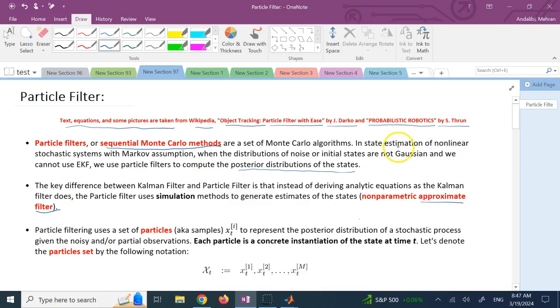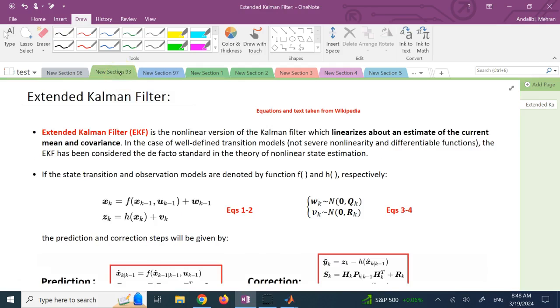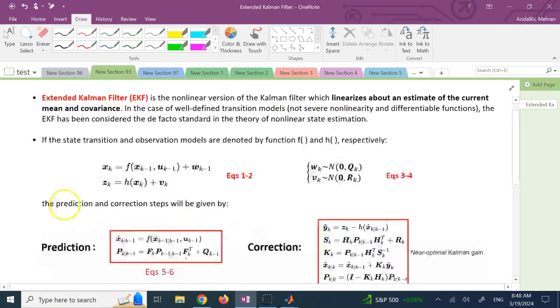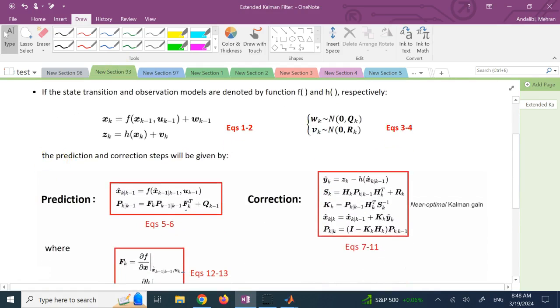As I said, this is used when the Gaussian assumption is violated. We cannot really assume such a thing, and so for nonlinear systems in general, we cannot use the extended Kalman filter. So we use this method, as opposed to the extended Kalman filter, where the probabilities, the average, and the sigma matrix, the covariance, are propagated, as you can see here, through analytic formulas.